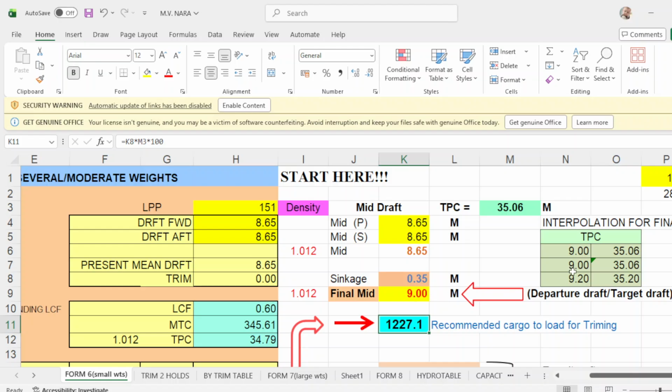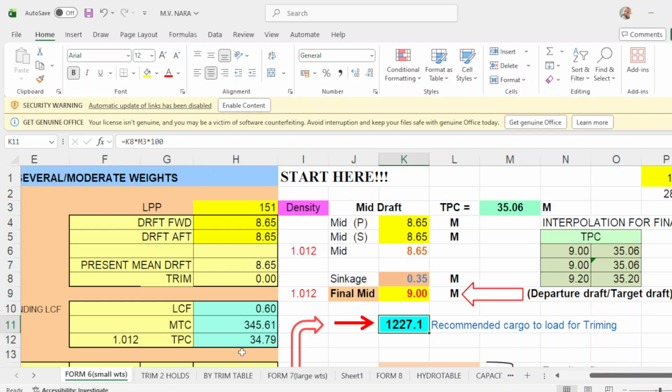That's why you have to use this TPC of your 9 meters draft. You cannot use this one or your TPC of 34, because it's only up to this point. You only use up to this point from the start of loading.